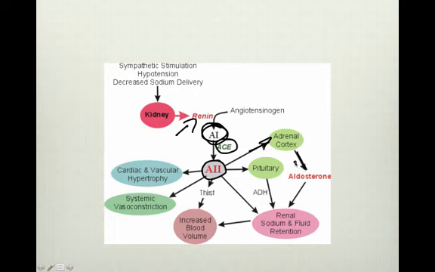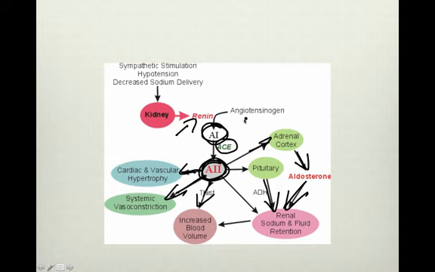Now if angiotensin II is liberated, what that does: adrenal cortex, secretion of aldosterone, sodium retention occurs, antidiuretic hormone from the posterior pituitary, cardiac and vascular hypertrophy, systemic vasoconstriction, increased thirst, and an increase in blood volume. What angiotensin II does for us, very simply, is increase our blood pressure.